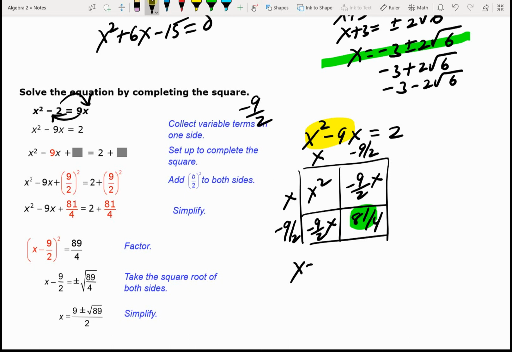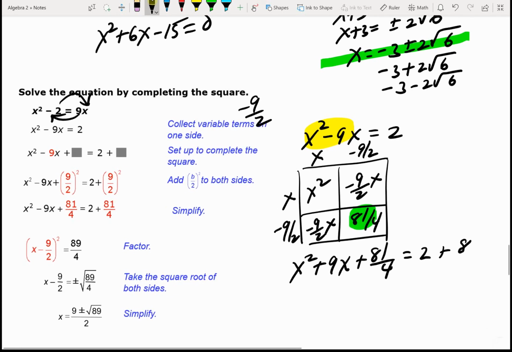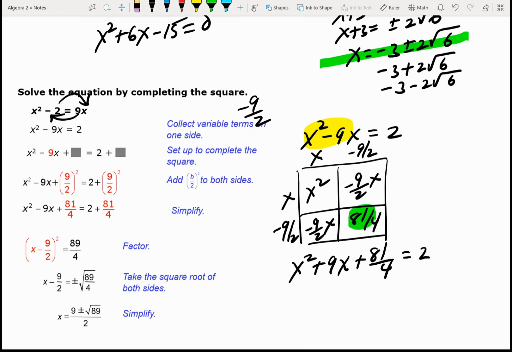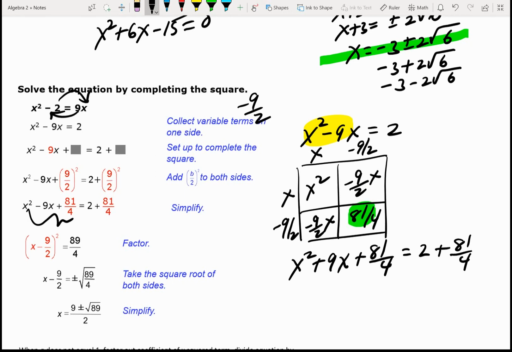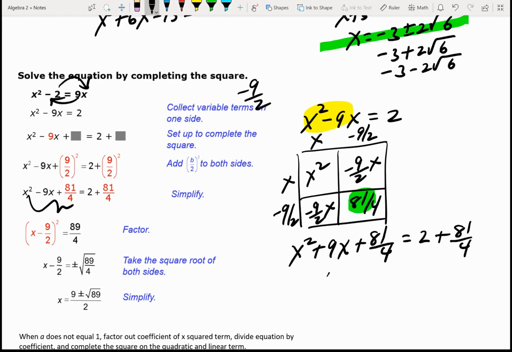So we started with x squared minus 9x. When we completed the square, we added 81 fourths. But on the other side, what did we have? We had 2. We have to add 81 fourths again, because that's how much we added. We have to balance the equation. That's a perfect square trinomial whose sides are x minus 9 halves squared.